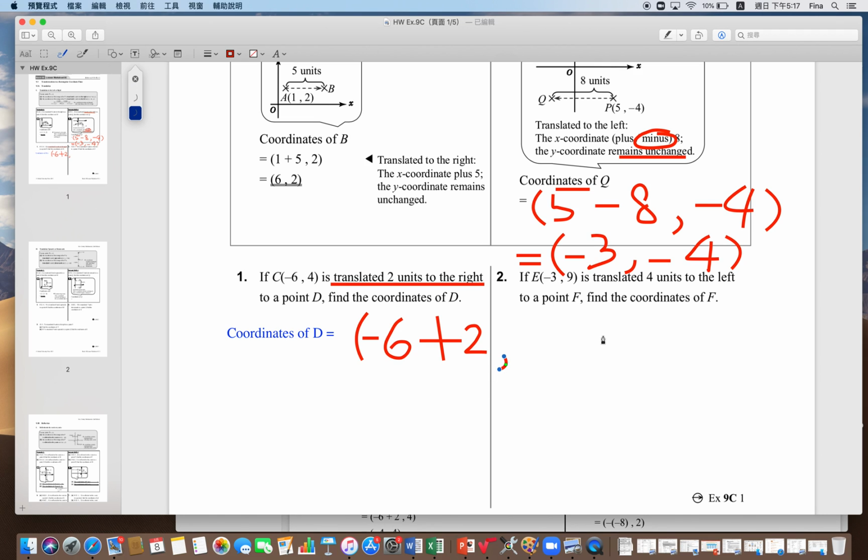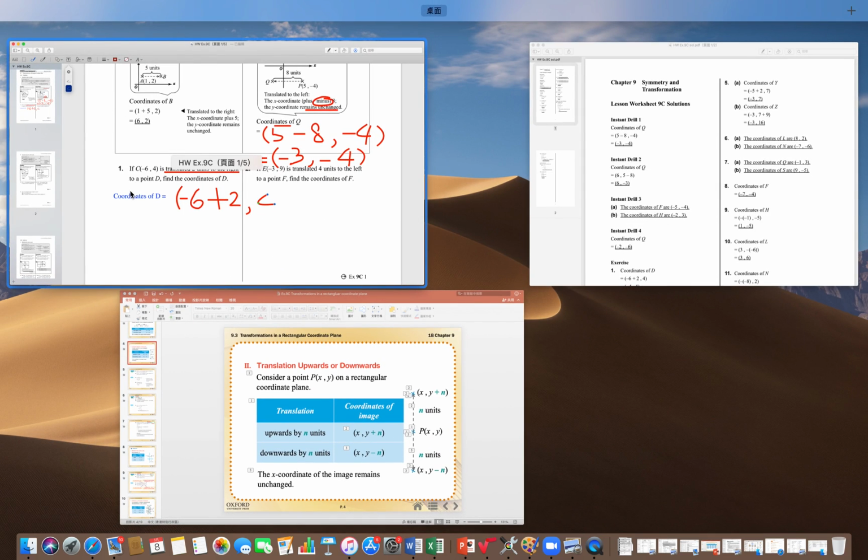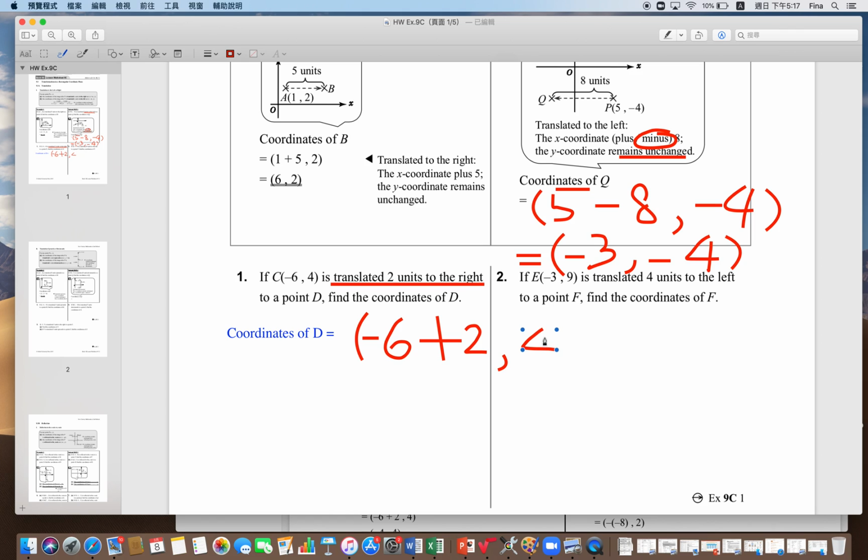So just write down the original y coordinate, that is 4. Okay, and then close the bracket. Lastly, simplify the answer. -6 plus 2, that is -4. Okay, that is (-4, 4). That is the answer for question 1.